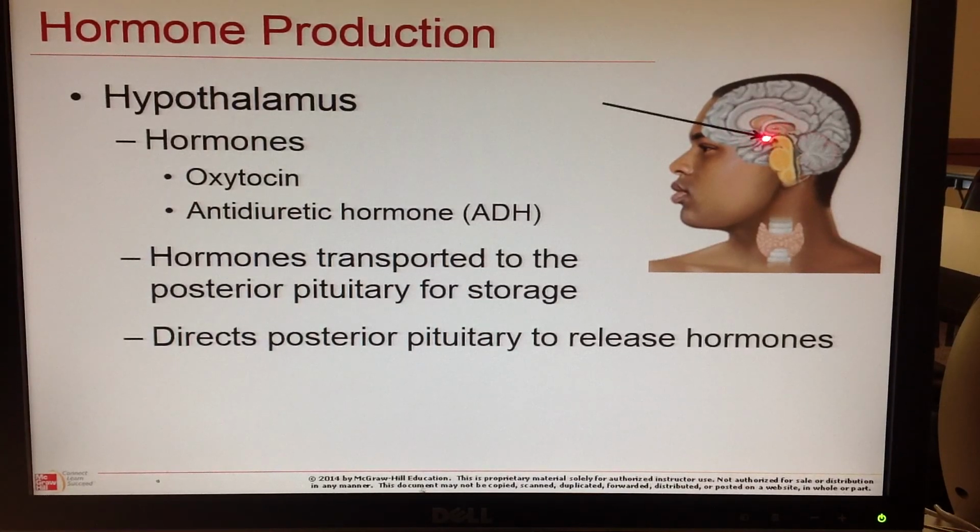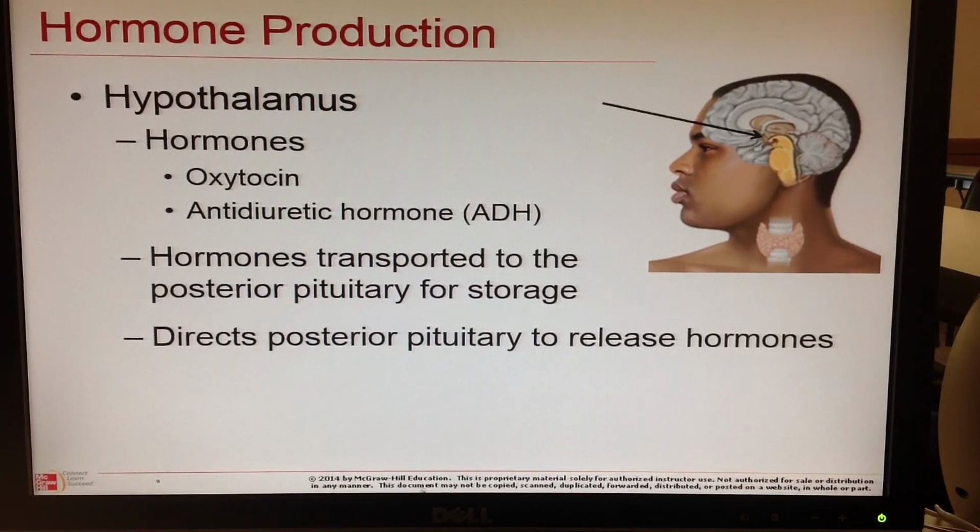It's kind of small in the picture, but you can see it better in your book. The hypothalamus secretes and makes oxytocin and ADH. So oxytocin and ADH, or antidiuretic hormone, are released from the posterior pituitary.